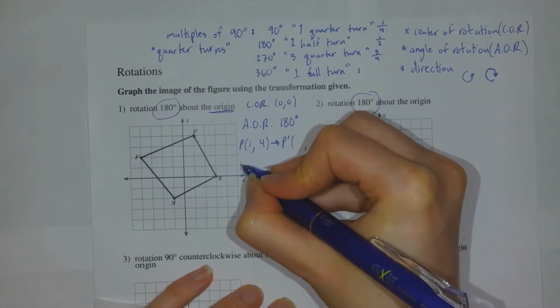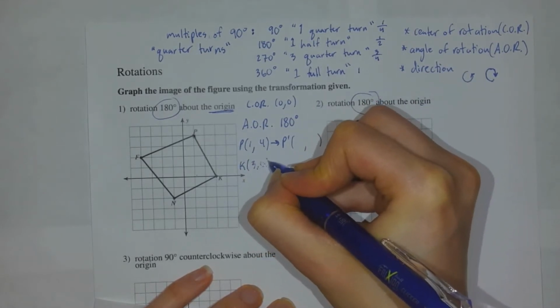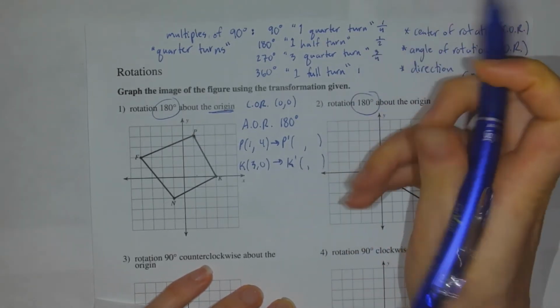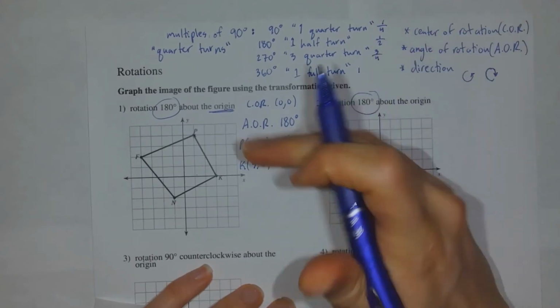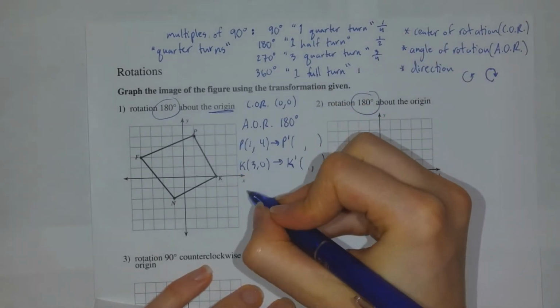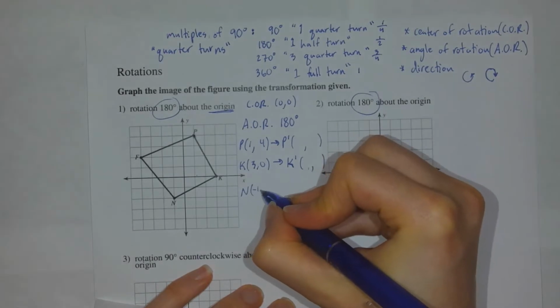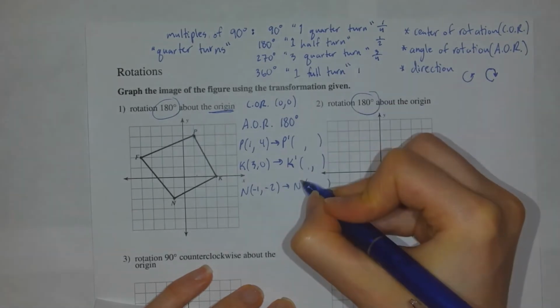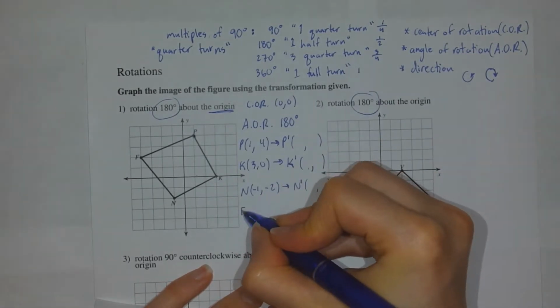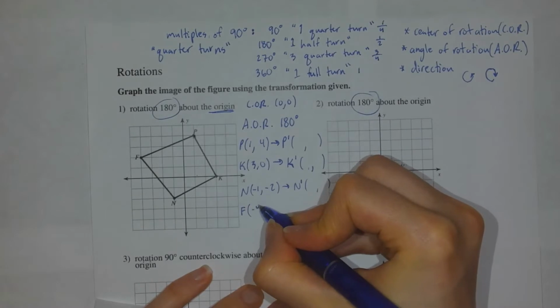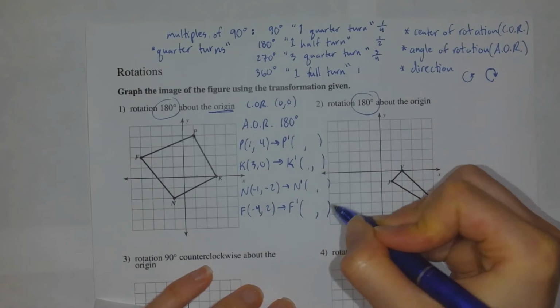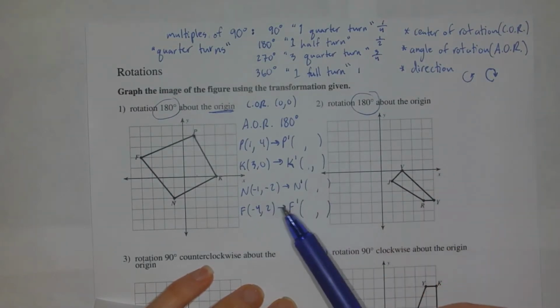K is 3, 0, going to K prime. N, -1, -2, is getting mapped to N prime with coordinates we don't know yet. F is -4, 2, getting mapped to F prime. We're going to find out what these coordinates are in just a minute.